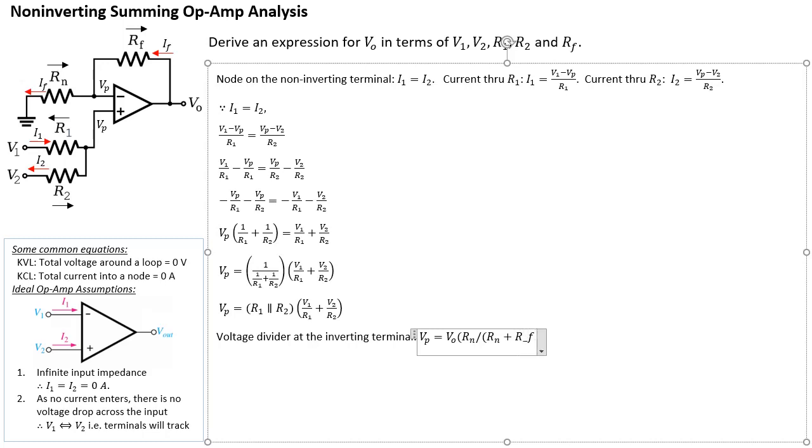So that's our standard voltage divider expression. Okay. All right. So now we actually have both VP terms, for both left and right. So now we can combine these two and form an equation that will just simply have VO on one side of the equation. All right. So let's do that.